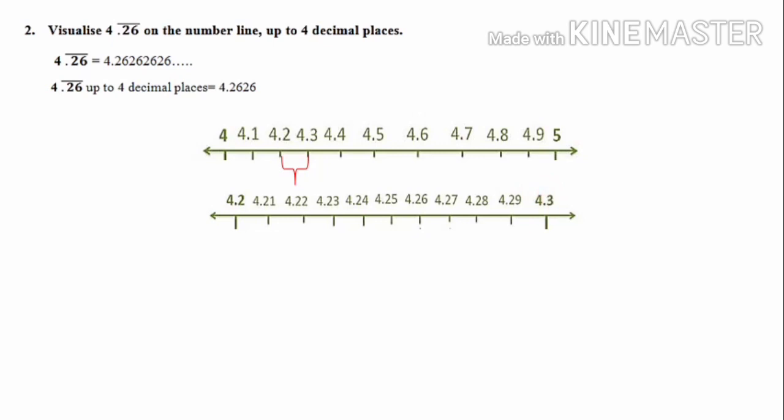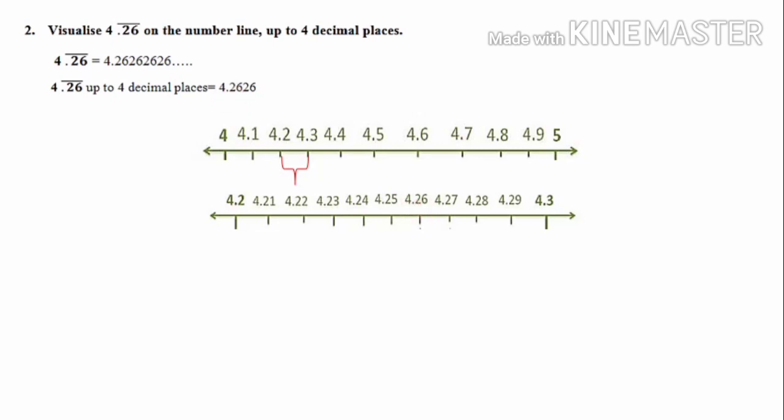So next, just locate the position of 4.2626. It is quite clear that 4.2626 lies between 4.26 and 4.27, because the starting two decimal digits are 26, and here it is represented as 4.26.